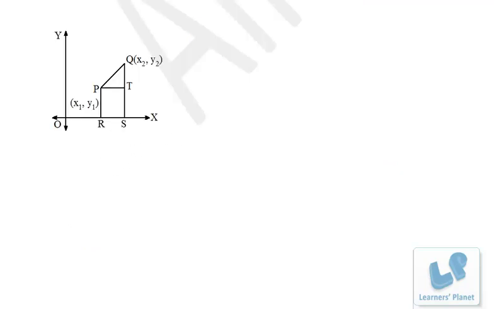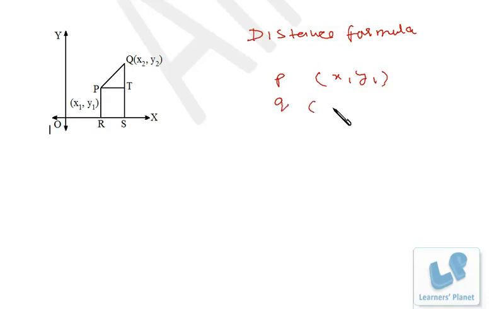Now the next thing is the distance formula. That is the distance between two coordinates or 2 points. Okay? So that is the distance formula. Right. Now here we can see 2 points P and Q. Coordinates of P are x1 and y1, and coordinates of Q are x2 and y2.